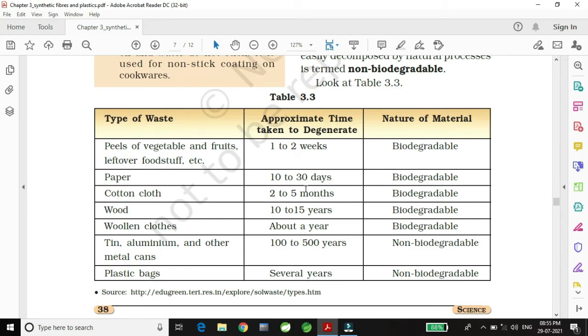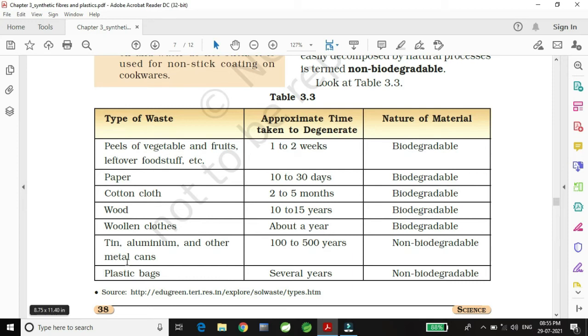The first one is peel of vegetables and fruit, leftover foodstuff, etc. It will take mostly 1 to 2 weeks to biodegrade. Paper, 10 to 30 days. Cotton clothes, 2 to 5 months. Wood, 10 to 15 years. Woolen clothes, about a year.